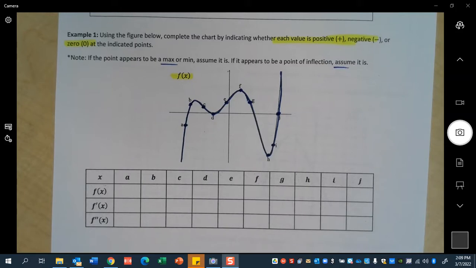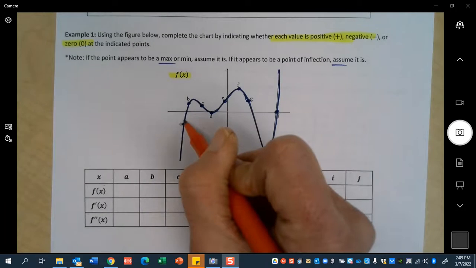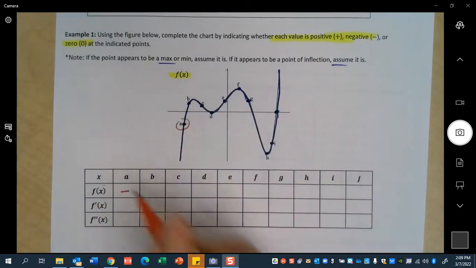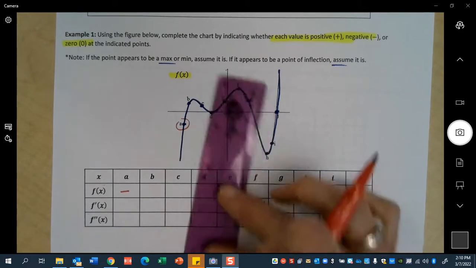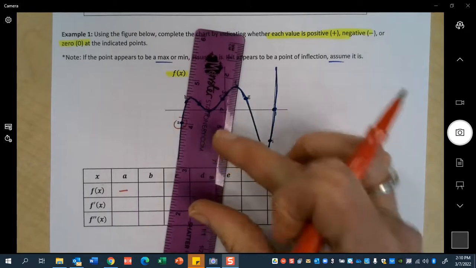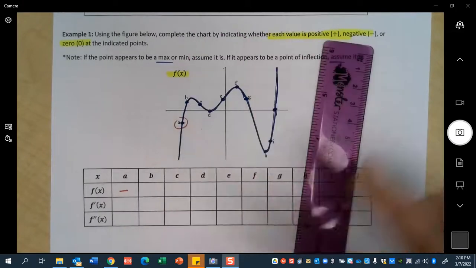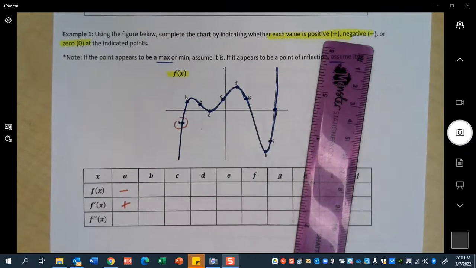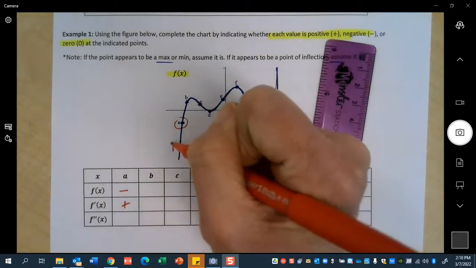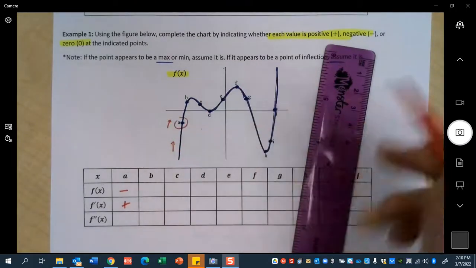Are you ready? Let's take a look at sweet old point A. The output of my original function is negative. Thumbs up if you agree. The slope of my tangent line, or my derivative value, is positive because this is where my function is increasing.